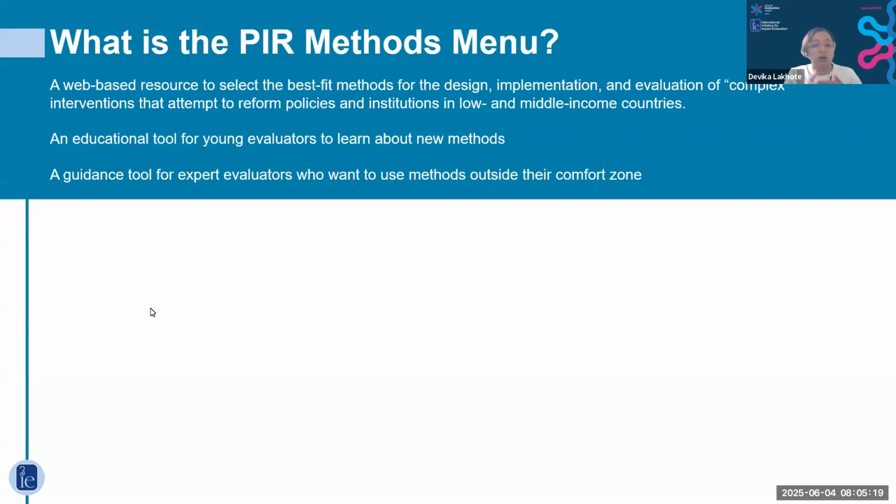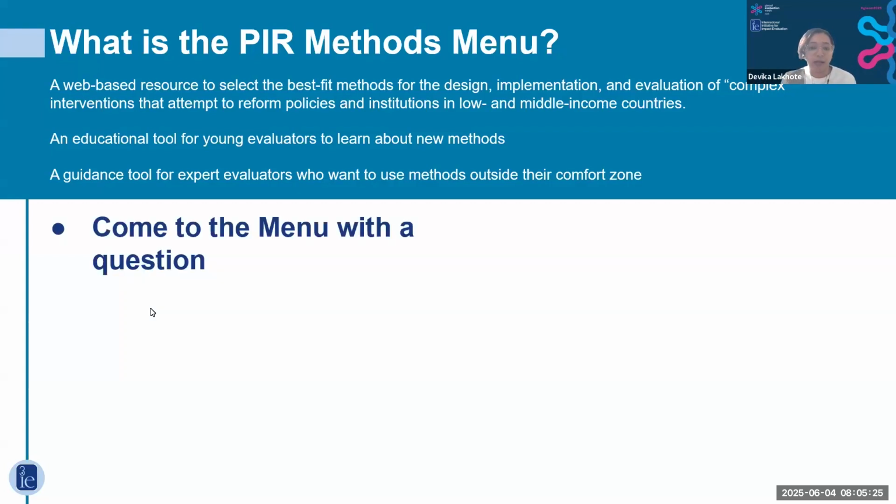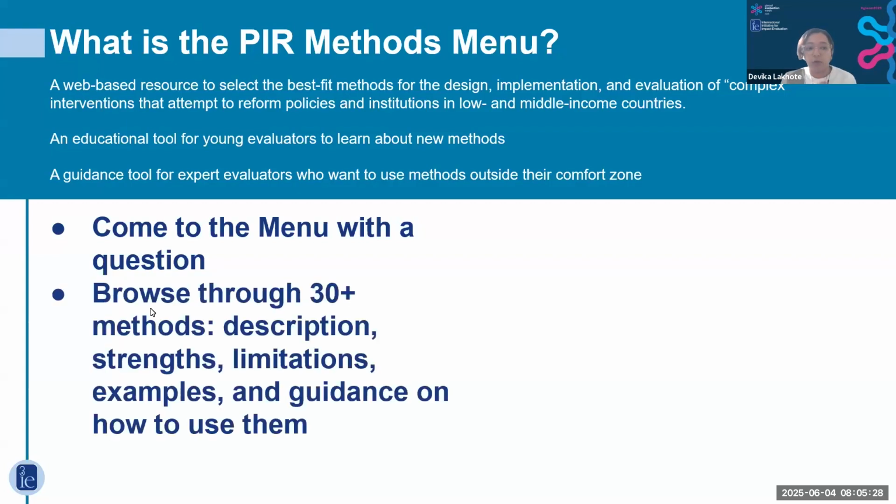Anybody, including young evaluators or old evaluators who've been in the game for a long time, can come to this menu and ask a question, and explore over 30 methods with their description, strengths, limitations, examples, and guidance on how to use them.